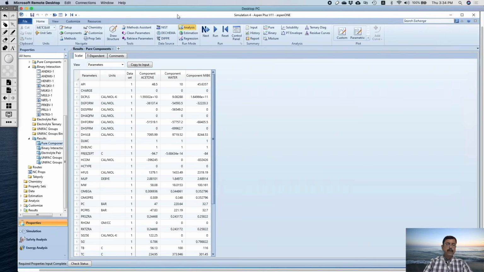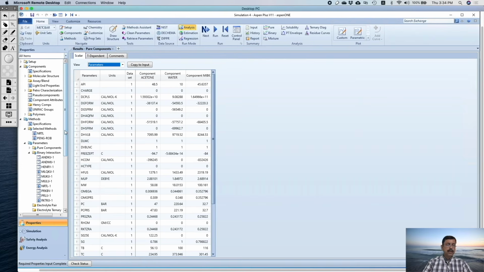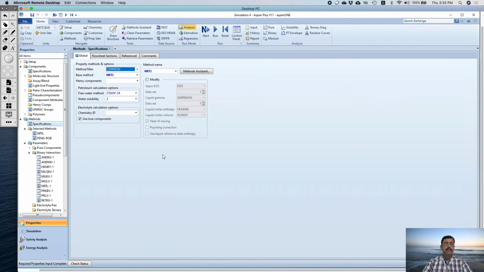So wherever you have some doubt, you can just click on this help button and get the appropriate help information. So that's how we use the property method, and we will learn about this property method in detail in our 4th week lectures of this lecture series. Thank you.